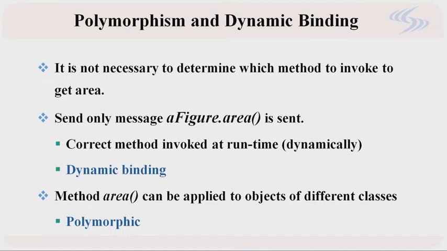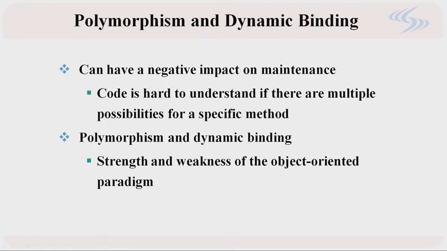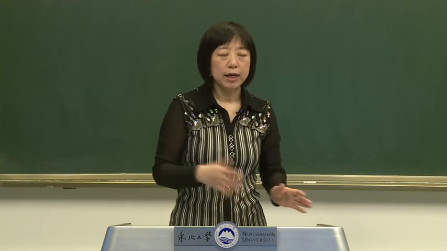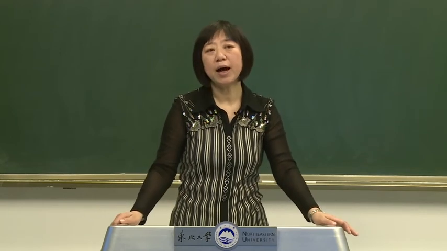So once you achieve polymorphism, then surely you will get dynamic binding. Well, from the previous discussion, we can find that polymorphism and dynamic binding really give us quite some advantages because it makes things clearer and easier.